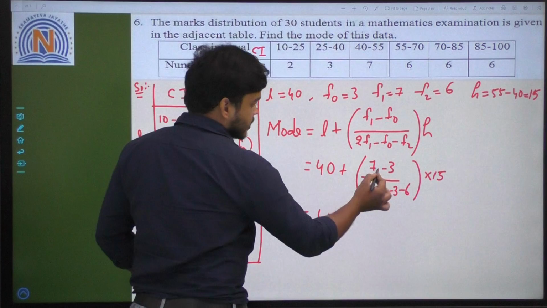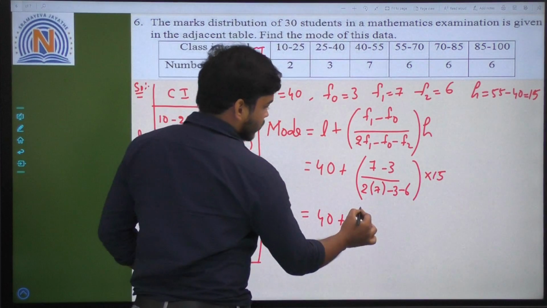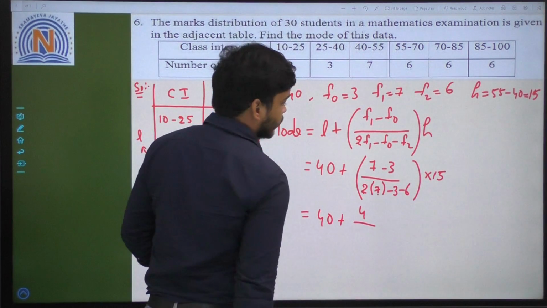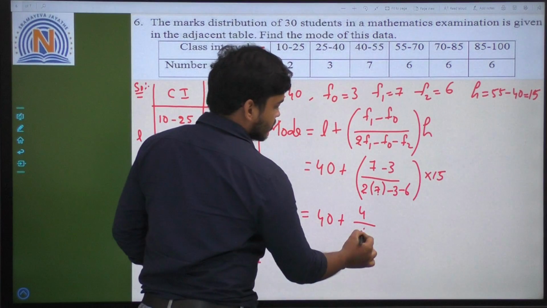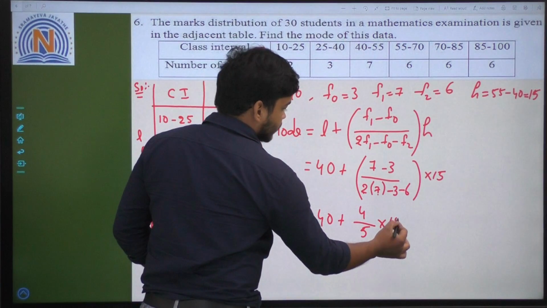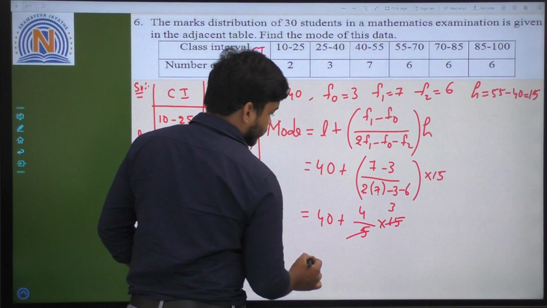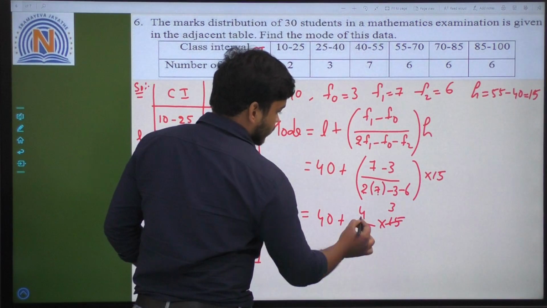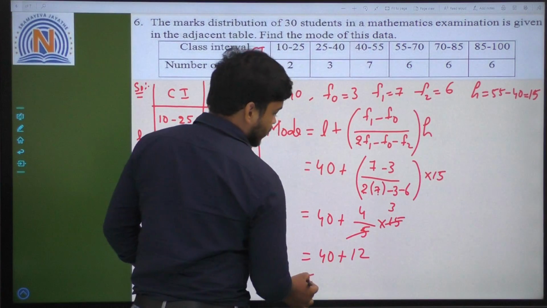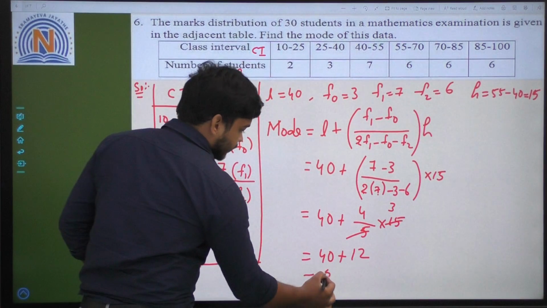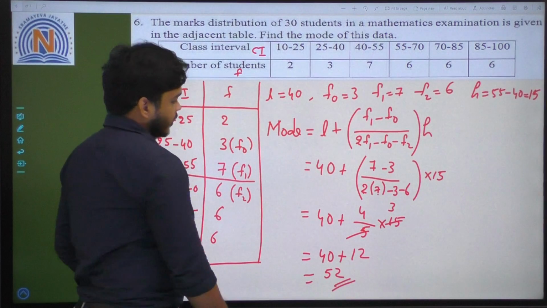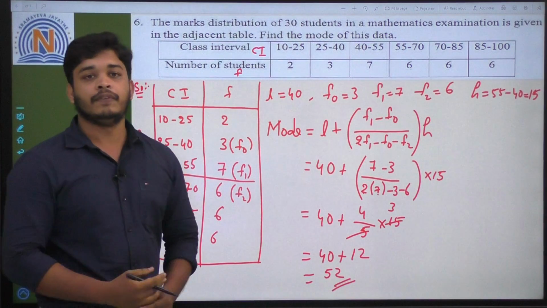So 40 plus 7 minus 3 is 4, by 2 sevens are 14, and 14 minus 9 is 5, into 15. So 5 threes are 15, 4 threes are 12, which is equal to 40 plus 12, that is 52. So the mode of the given data is 52.